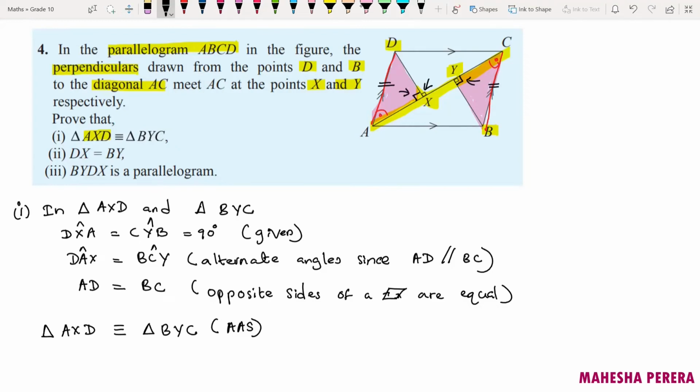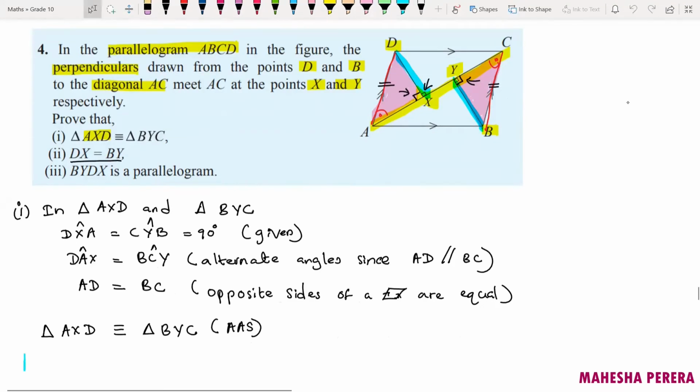Right, next question. We need to prove that DX equals BY. Let's find out where DX is. DX is here, this is our perpendicular, right? And BY is the other perpendicular. We need to prove that these two are equal.